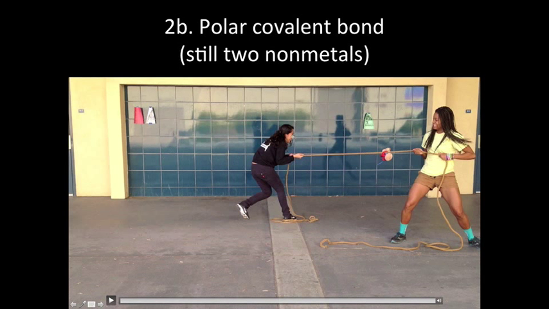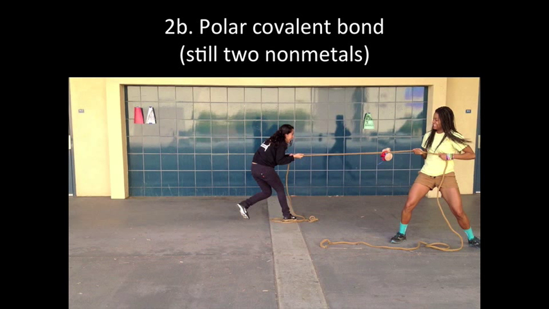And this end, where Monica is, farther from the electron, is going to be a little bit more positive. So this molecule is going to have a little bit of a plus charge here and a little bit of a negative charge on this end. Like two poles on a battery, like your plus and minus end of a battery. And that's going to make that molecule act a little bit different than our previous non-polar molecule.